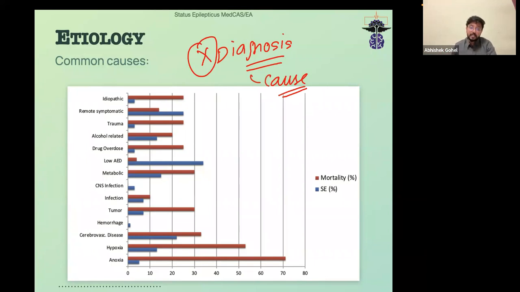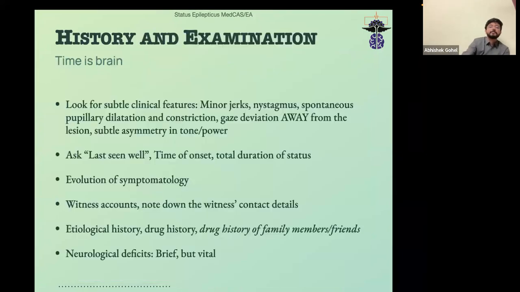Similarly, why has the status epilepticus presented to you? It can be idiopathic, remote symptomatic, traumatic, drug overdose, low anti-seizure medication, infection, or stroke, like ischemic stroke, hemorrhagic stroke, etc.